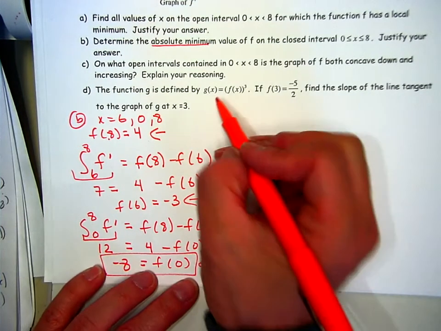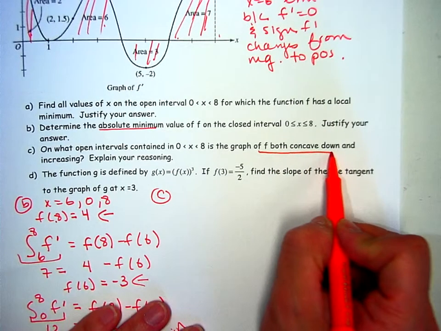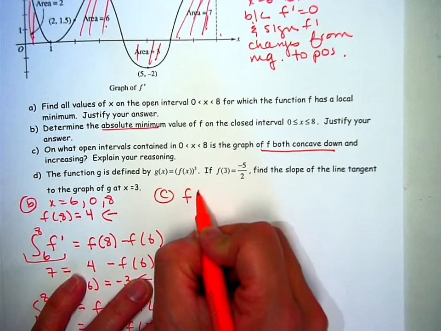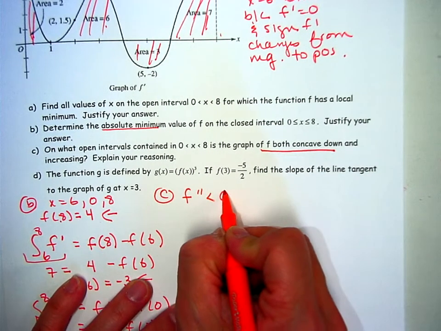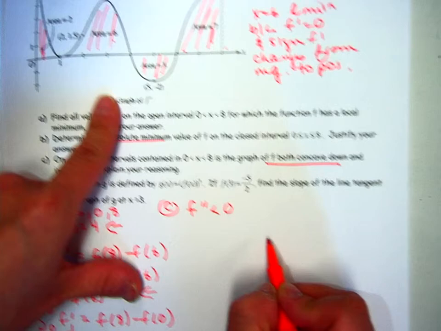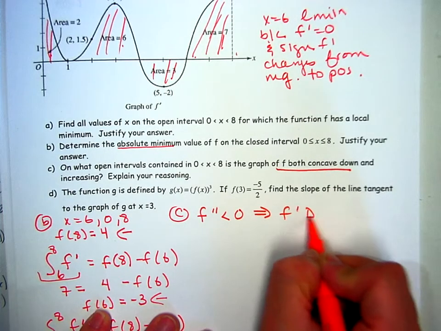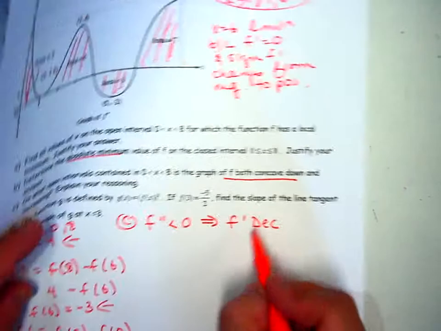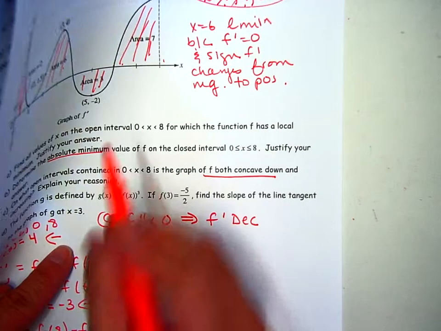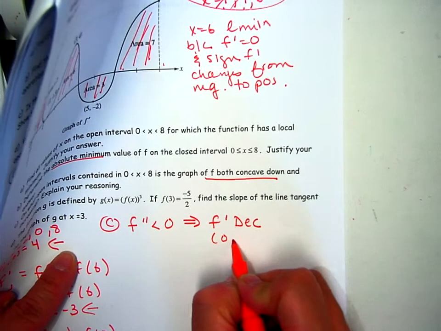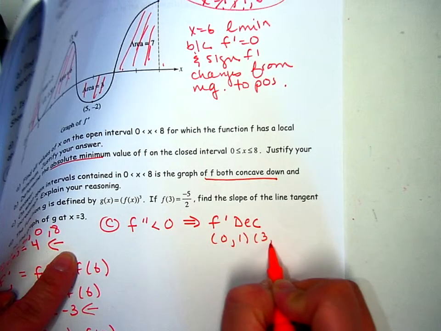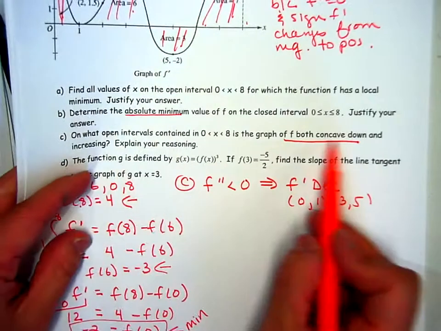Okay, part C. I want f to be concave down, so I'm really looking for where the second derivative is negative, but the graph is only the graph of f prime, which really is the same as f prime decreasing. So when I look at the graph, the only places where f prime is decreasing are from 0 to 1 and 3 to 5. But I am also looking for where f is increasing.